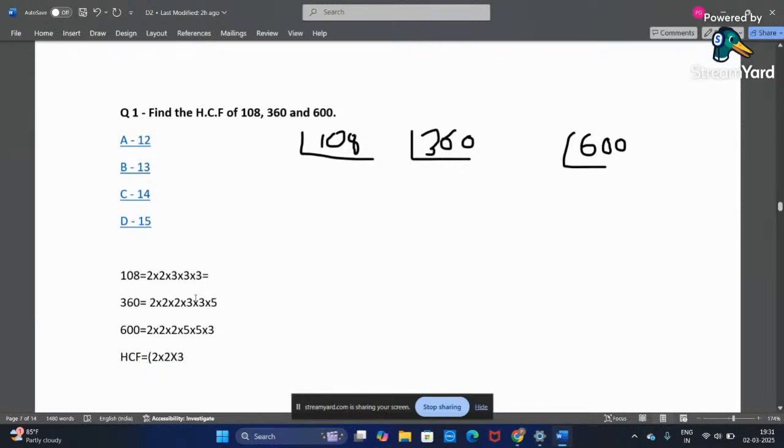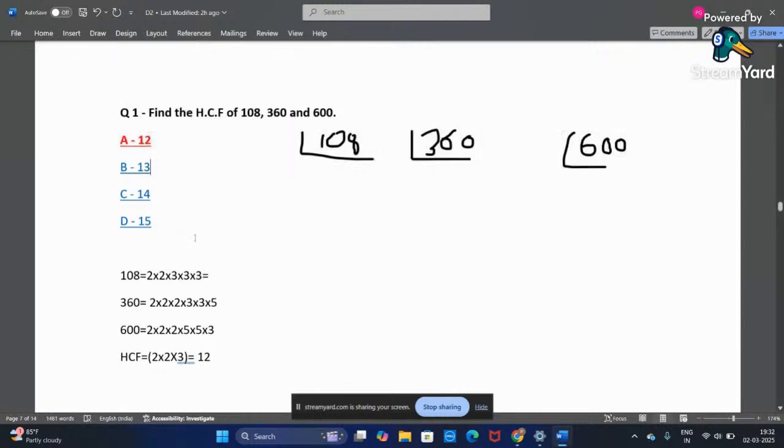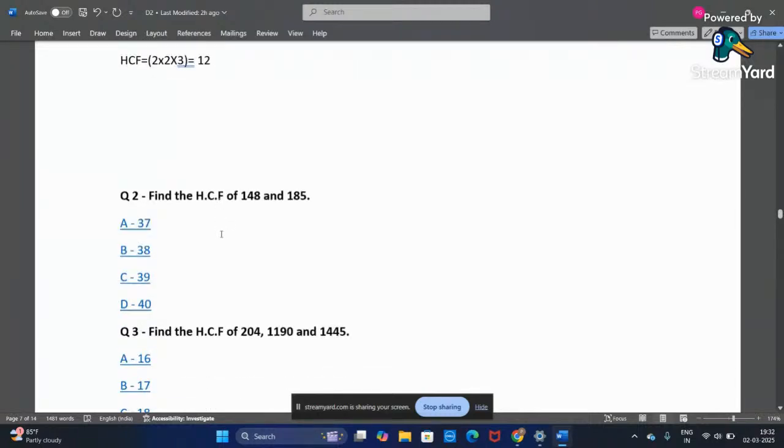Only these are common, right? 2 is common here, again 2 is common here, and 3 is common. 5 and 5 is not common, right? Then what is the answer? Answer is 12. A is the answer for the first one. Any doubt in this? Okay, we'll move on to the second one.